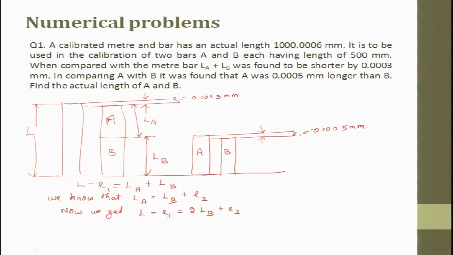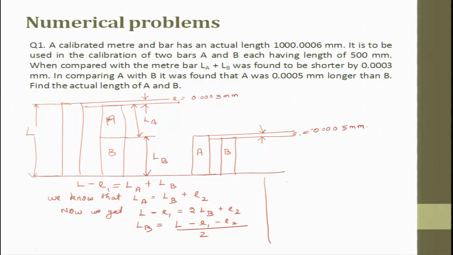If you want to write it the other way around, LB equal to (L minus E1 minus E2) whole divided by 2.